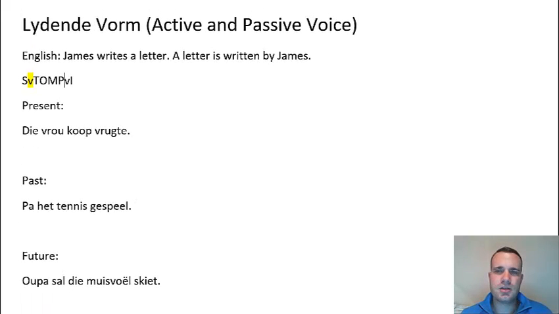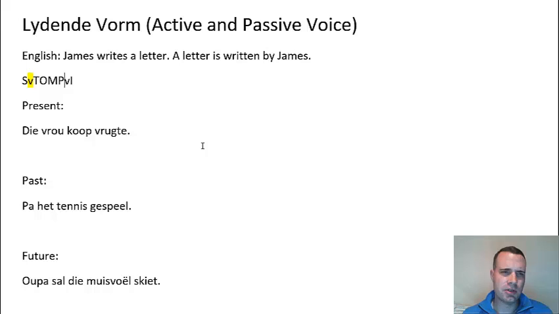Okay, interesting that in all three tenses you get a g on your verb. You're used to doing that just for past tense. For Lydende Vorm there's a g in all the tenses. That is confusing. We'll chat about that a bit more later.